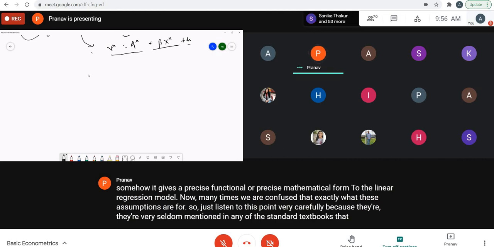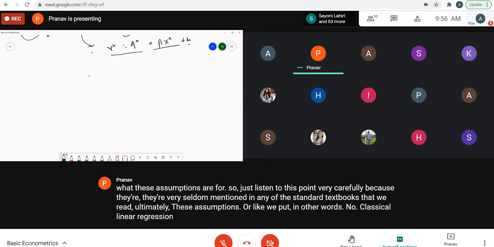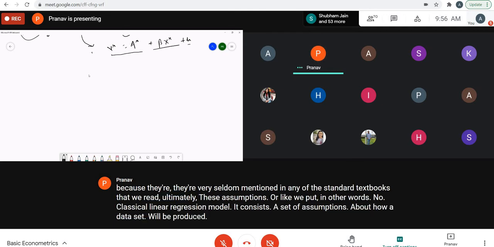Ultimately, these assumptions, or let me put it in other words, the classical linear regression model, consists of a set of assumptions about how a data set will be produced by an underlying data generating process.